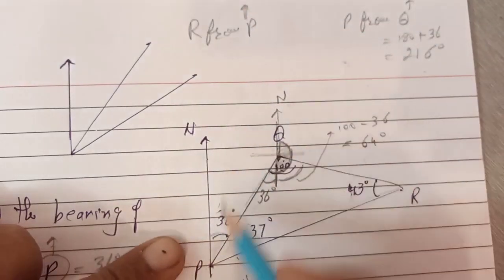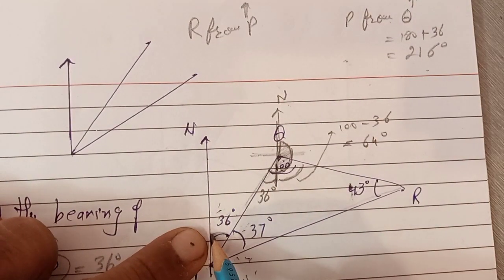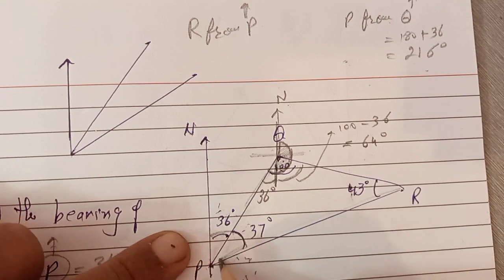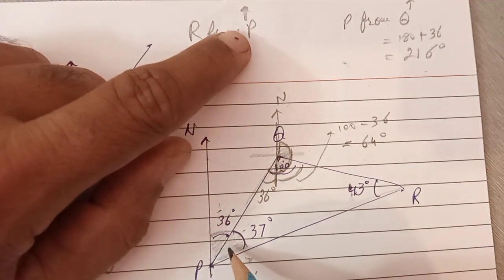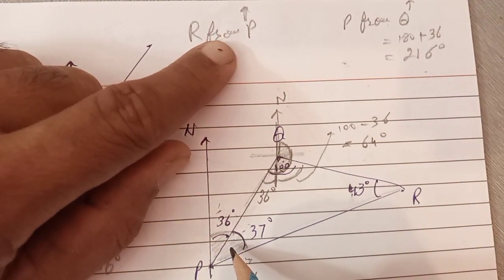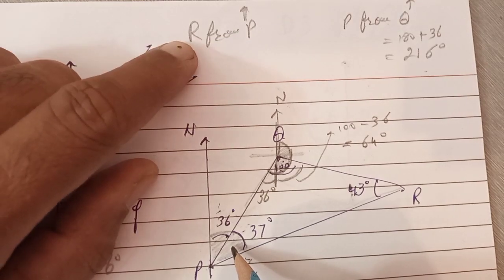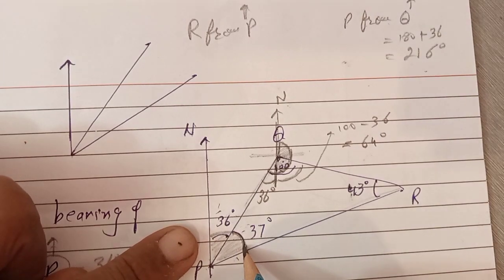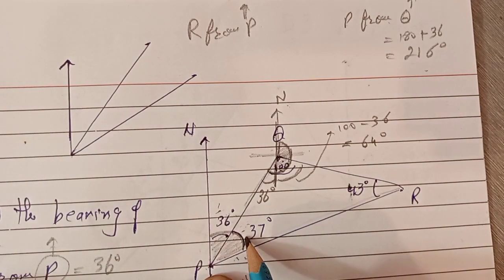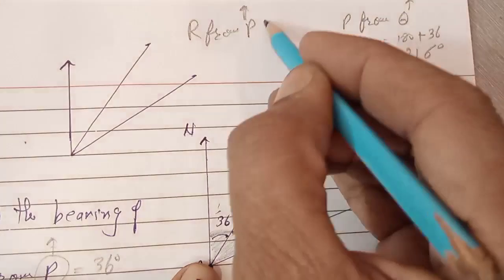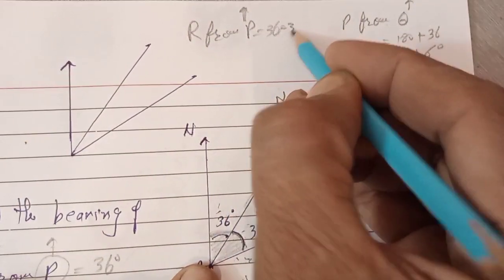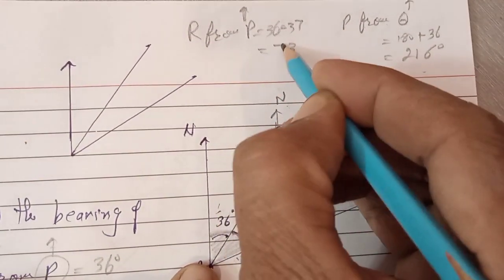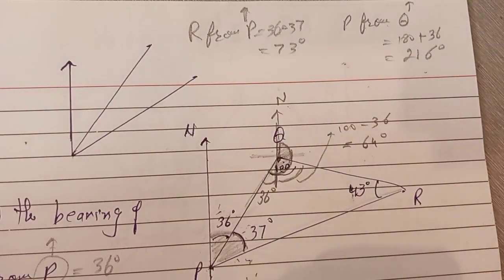Where is the north pole at P? This is the north pole at P. So this is the bearing. Okay. Bearing always starts from the north pole at the point which comes after "from", and the line over here is PR. So when we move from this one to this one, this is the bearing of R from P. So 36 plus 37 is 73. This is the bearing of R from P.